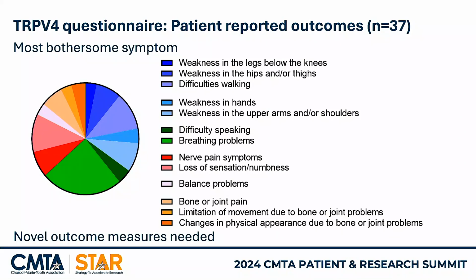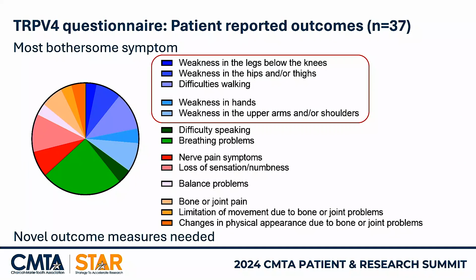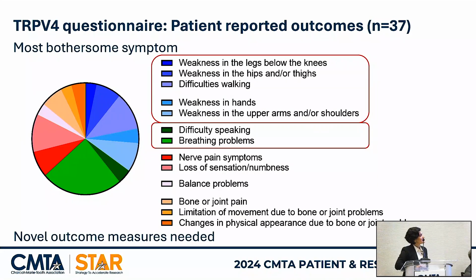Dr. McRae sent a questionnaire out to 37 patients with TRPV4 neuromuscular disease, asking them what their most bothersome symptom was. And what we found in the survey is that many patients with CMT2C or TRPV4 neuromuscular disease are really bothered by the significant weakness that they have around their hips and thighs, or their upper arms and shoulders, or breathing problems.